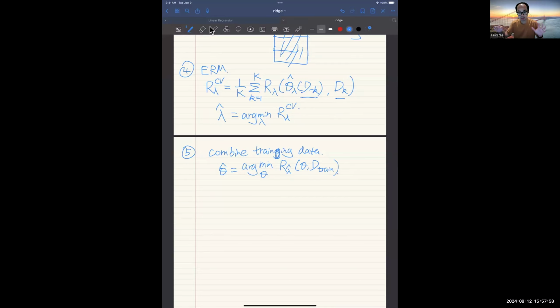We never actually use testing data in these steps. Then we apply it on the testing set to assess the accuracy.